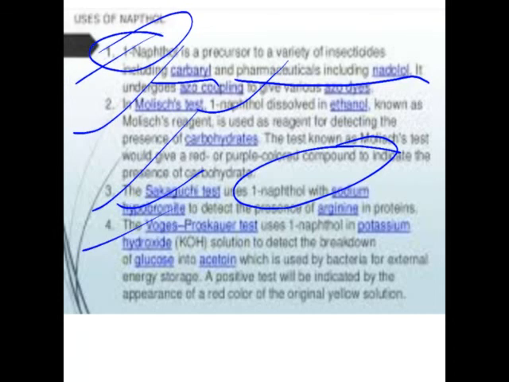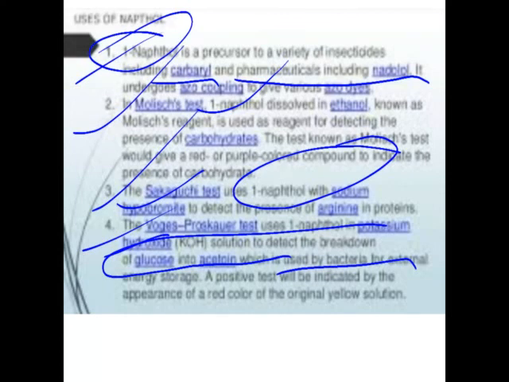Then in Voges-Proskauer test it uses 1-naphthol in potassium hydroxide solution for the detection of breakdown of glucose into acetone, which takes place by the bacteria.